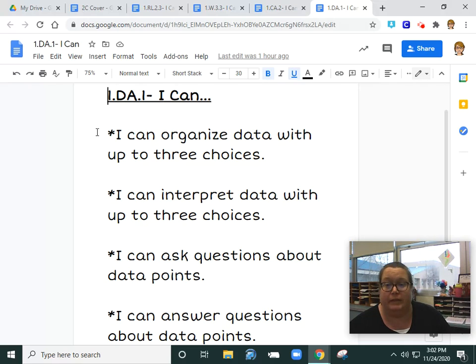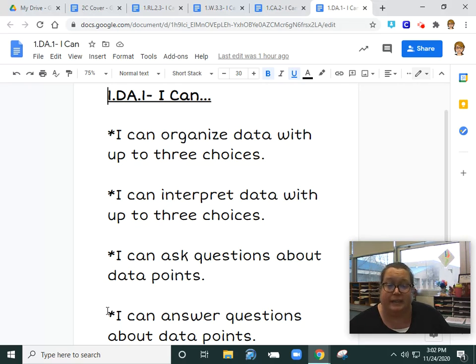We'll talk about the different kinds of graphs that there are and how you can use different graphs for different things. We're going to talk about how to interpret data with up to 3 choices, which means what the data is, what it means. And then I can ask questions about data points and I can answer questions about data points. Those two kind of go together in that you can ask questions and answer them.